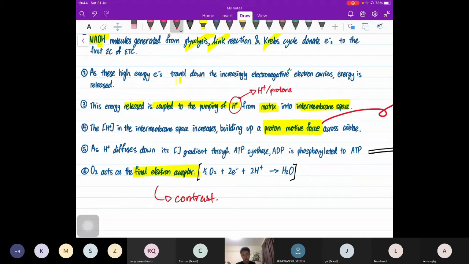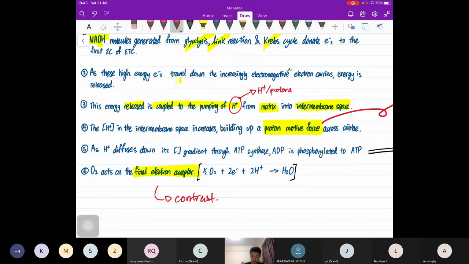So if you look at the 2020 A-level bio paper, I want to say paper 3, the essay, they talked about the differences between respiration and photosynthesis. So a lot of people wrote this as one of the contrasting points, as one of the reasons why respiration is different from photosynthesis. And it's very important for you guys to remember it as well. Even though it will not come out as an essay question, it can come out as a short answer question.